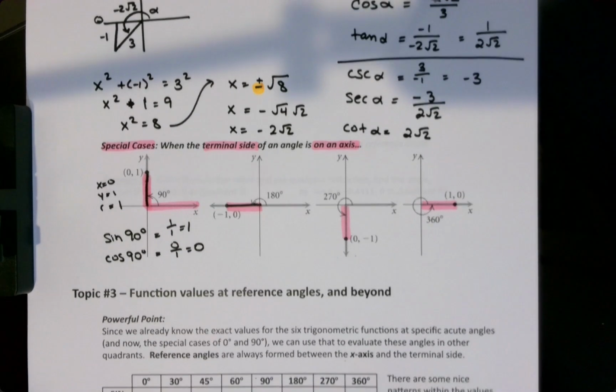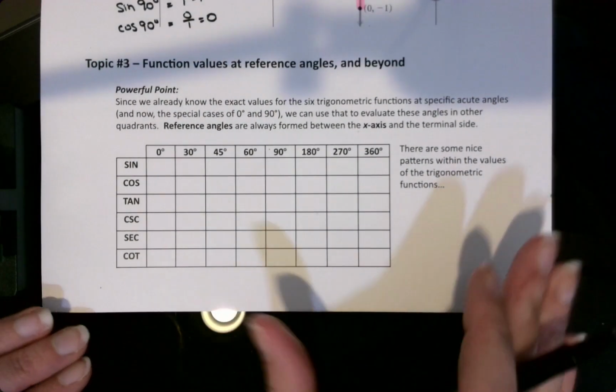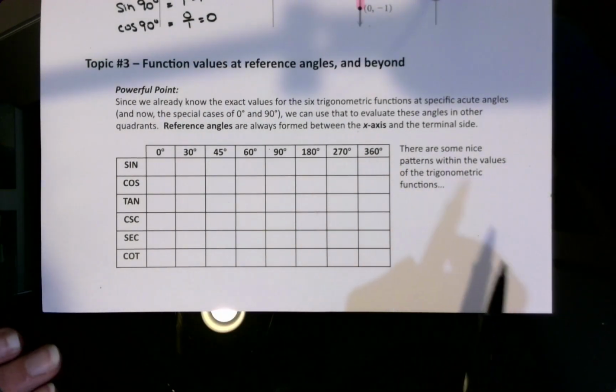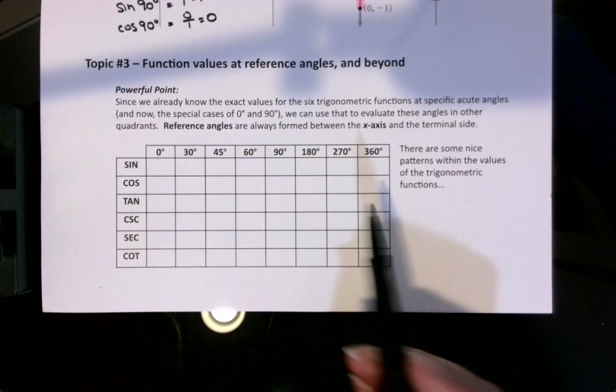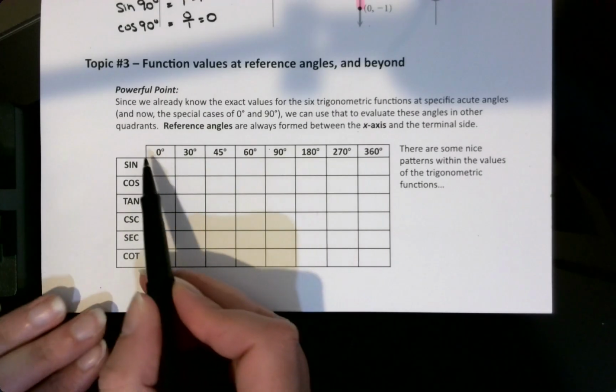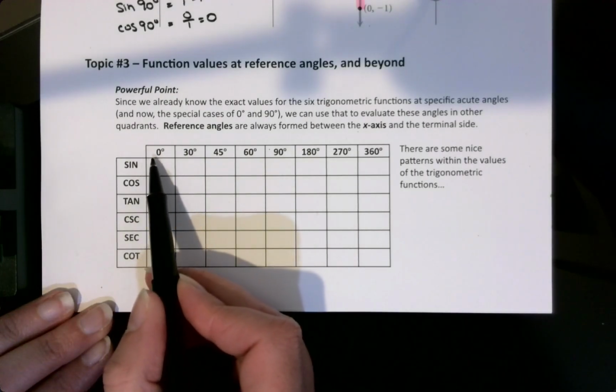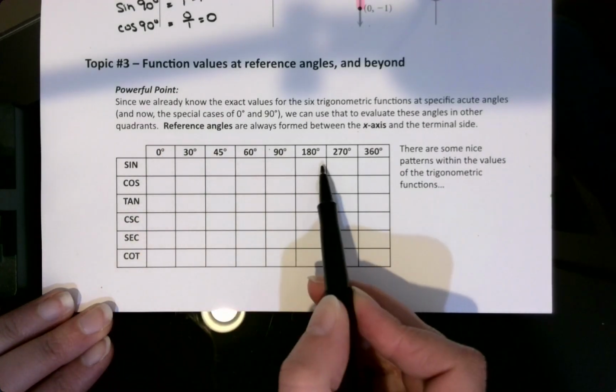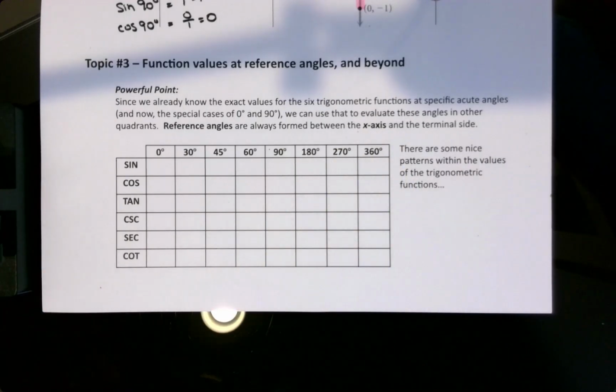We're going to find the rest of those down below when we make our chart right here that's going to expand our special diagram that we'd already done for the 30, 45, and 60. We're going to expand this to also include special angles for 0, 90, 180, 270, and 360.